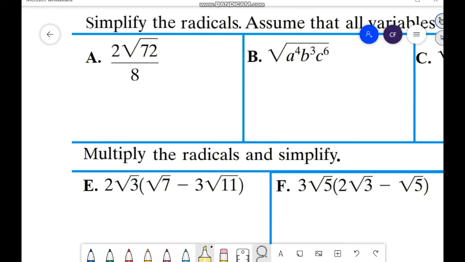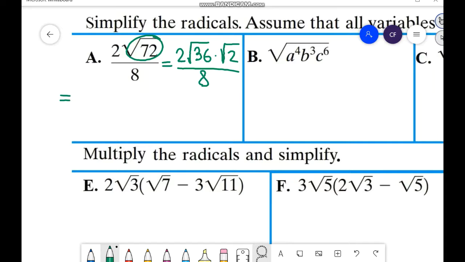We have 2 times square root of 72 over 8. What you have to do to simplify is break down the 72 into a number that is a perfect square times another number. A perfect square that can make 72 is 36 times the square root of 2, okay, over 8. Because the square root of 36 we know is 6.